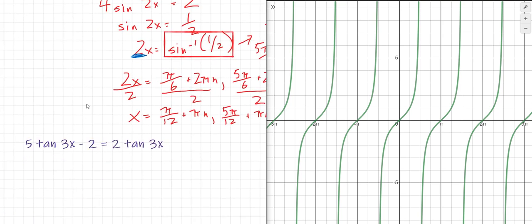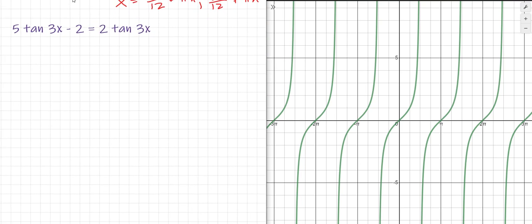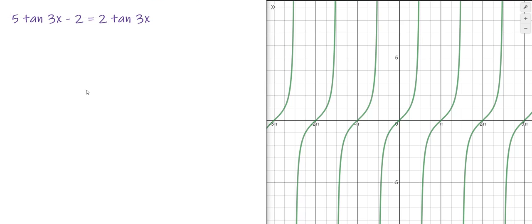Let's do the example that I put in the notes. So I have 5 tan of 3x minus 2 equals 2 tan of 3x. So my first thing I'm going to do is group like terms. I'll bring my 2 tan of 3x over to this side, my 2 to the other side. So I'm going to get 3 tan of 3x equals 2.